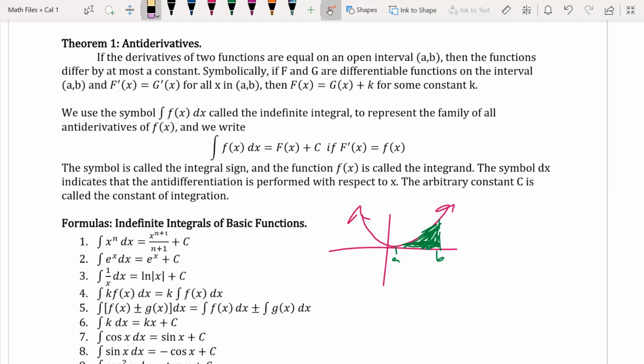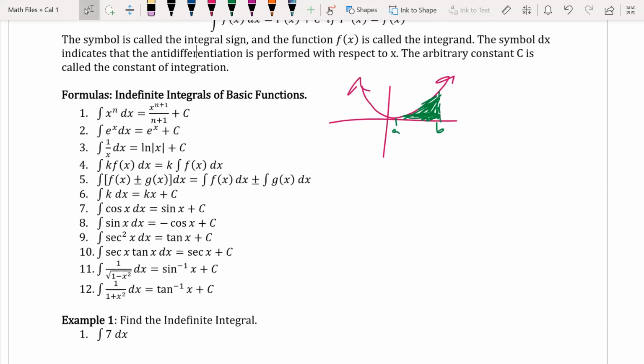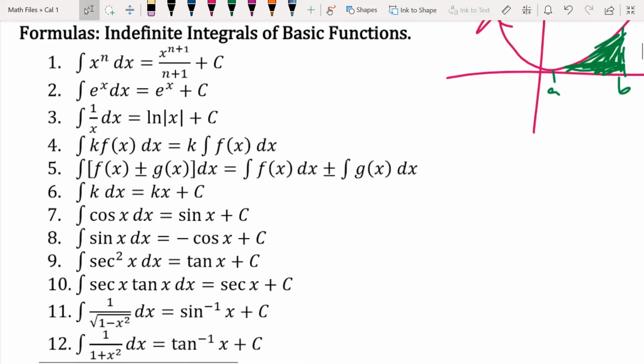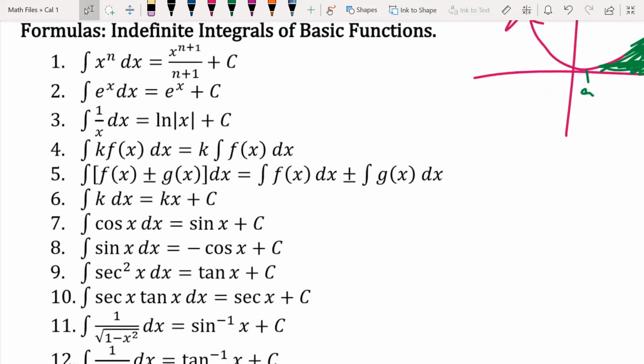Okay, cool. So here are some formulas for antiderivatives. Number one is going to be the most popular formula. This is the power rule for antiderivatives. So instead of taking one away, we now add that one back.